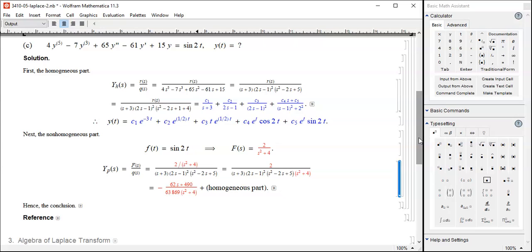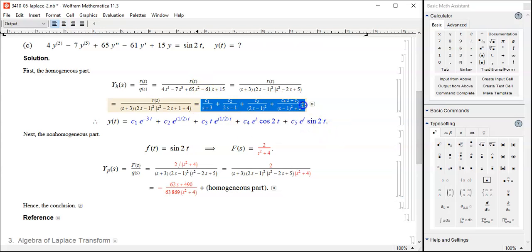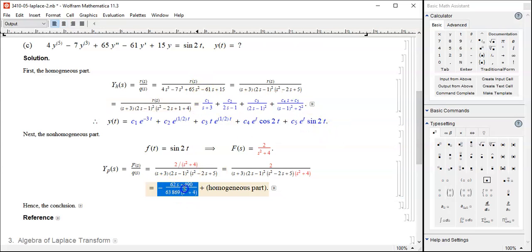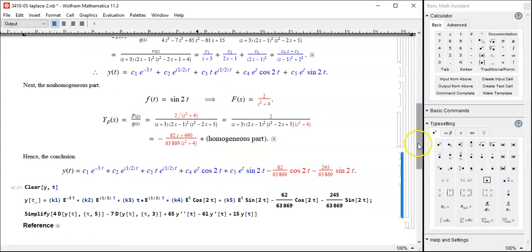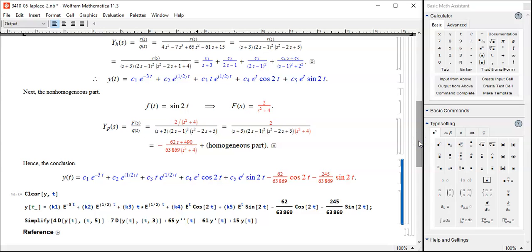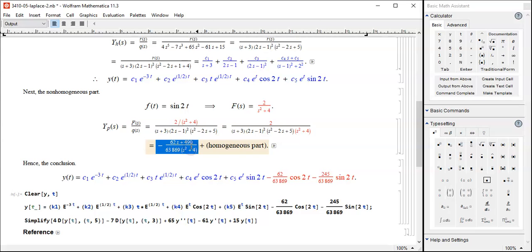Okay, let's add those up. So this plus that is going to be capital Y. Oh, I just went directly here. From here, take the Laplace inversion and then we get this part.